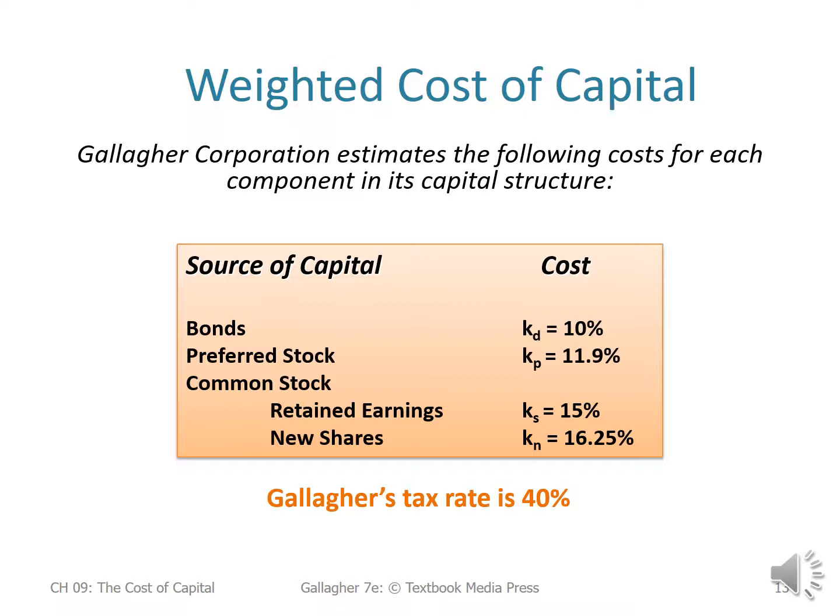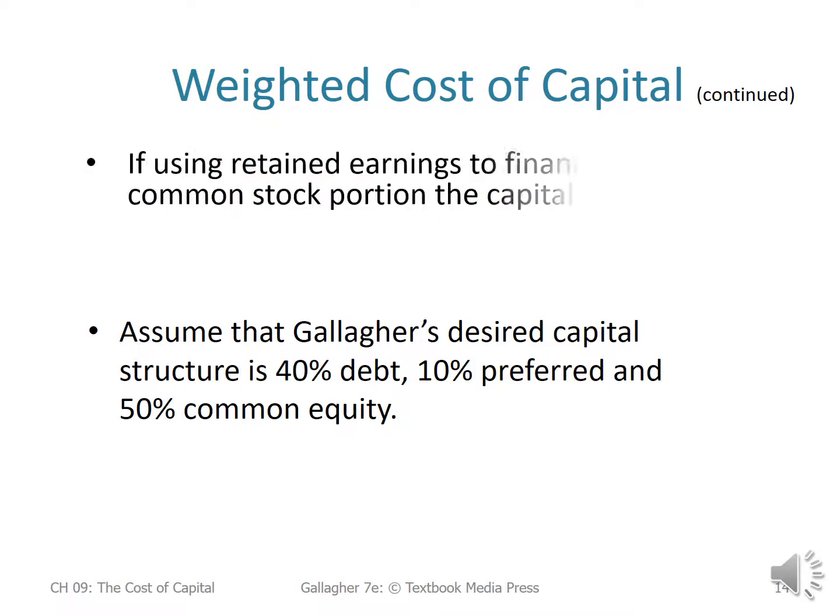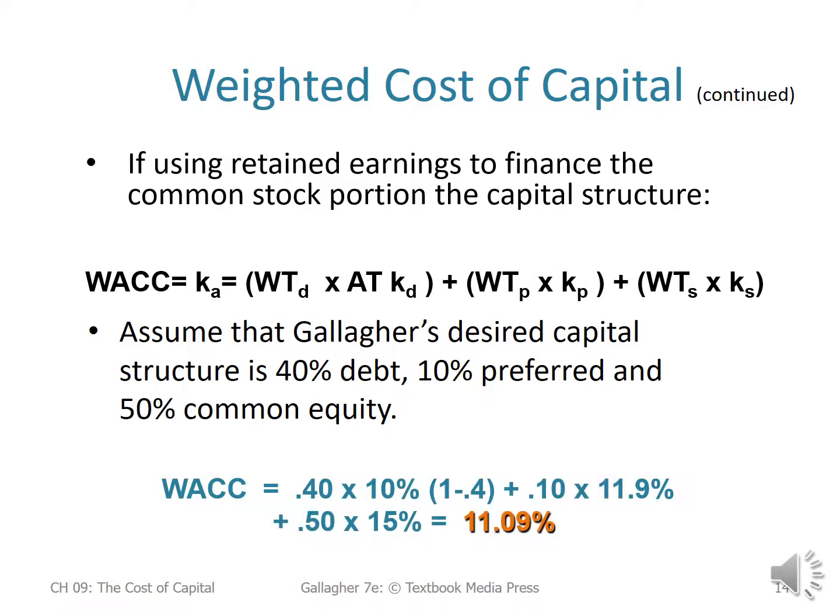Gallagher Corporation estimates the following cost for each component in its capital structure. If the tax rate is 40%, and 10% preferred stock, and 40% of the capital structure is debt, and 50% of it is common equity.